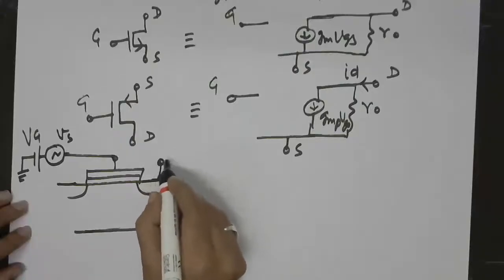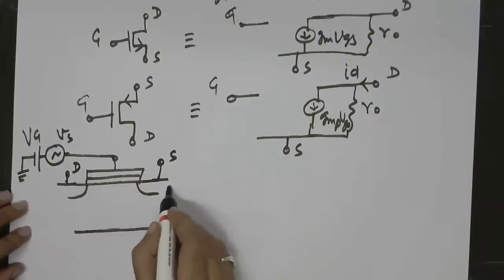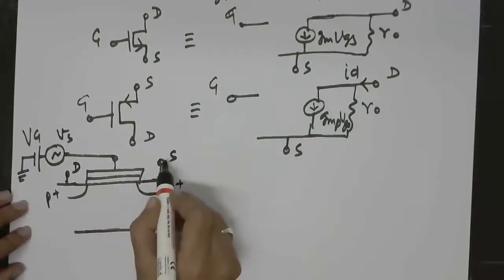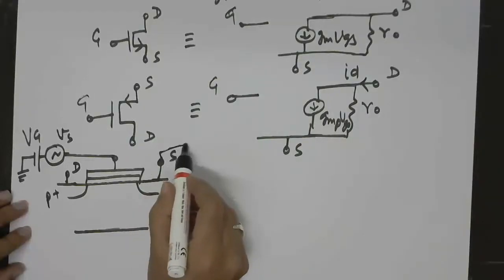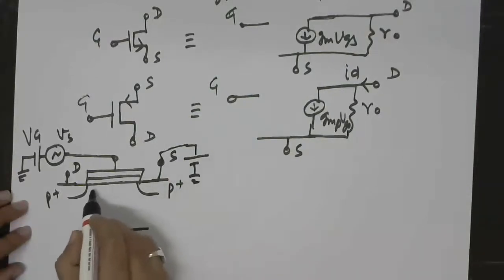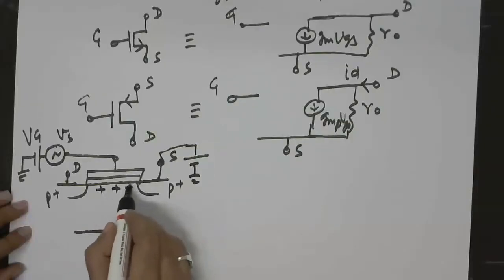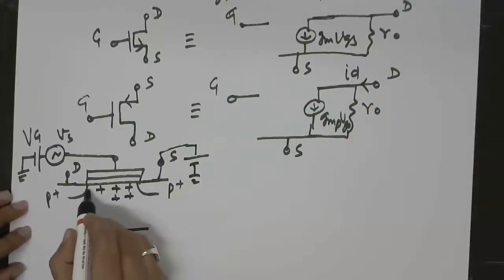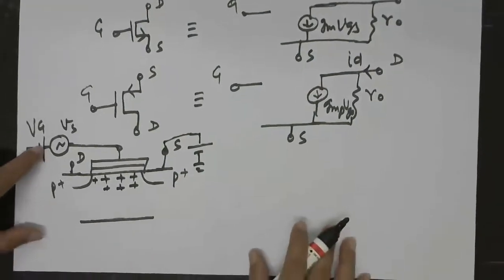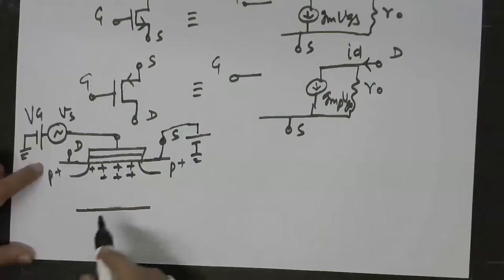So here we have source, here we have drain, P plus, and then there will be of course a voltage at the source also, a large voltage. So there will be charge distribution like this. So you see what will happen here.